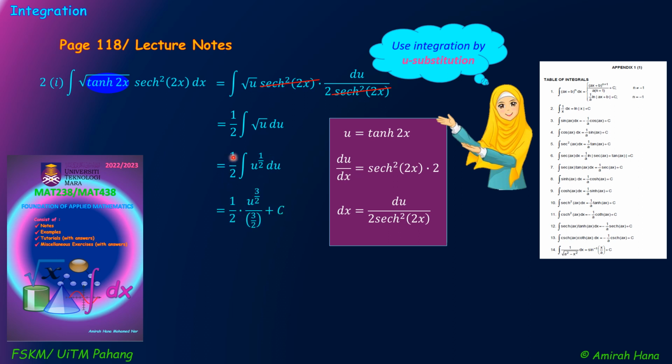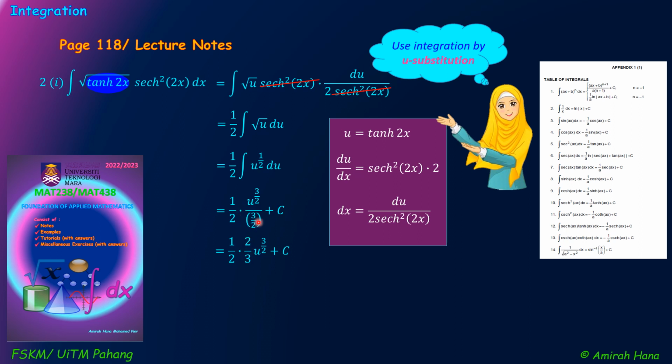We still have half in front and then times u to the power of 3 over 2. Mana datang 3 over 2 ni? Half plus 1. Lepas tu perbalik dengan kuasa yang dah tambah tadi, per 3 over 2 and then plus c because this is indefinite integral. And then over 3 over 2 ni, we can write multiply by, kita terbalikkan.